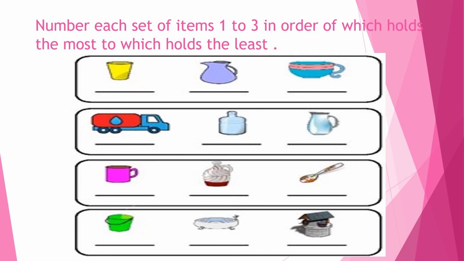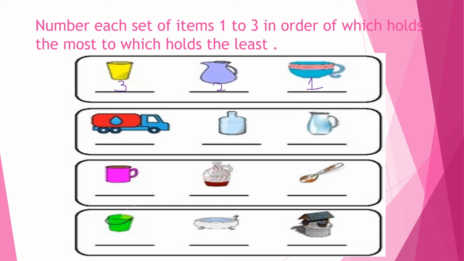Okay, I think these will be number 1. These will be number 2. And this looks smaller than all of the other objects, so this will be number 3. Okay, good job. Can you now do the rest?